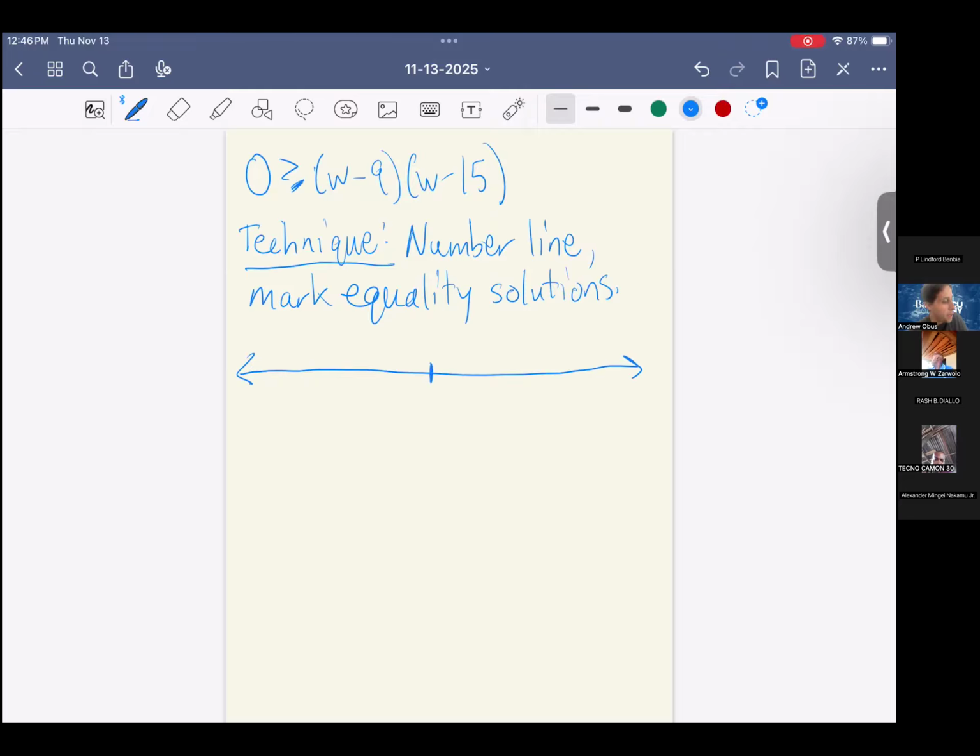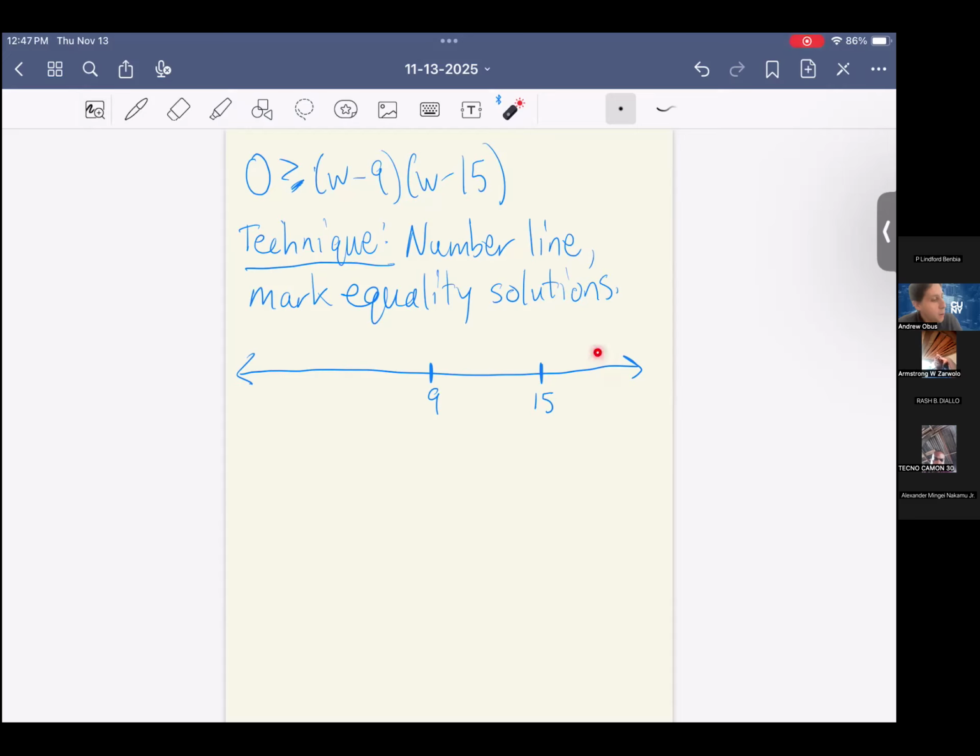So you have equality here at W equals 9 and equality again at W equals 15. All right. And then I'm going to test each of these ranges. I think of these marks as dividing the number line into regions, into ranges. And now I'm going to look at each range separately.